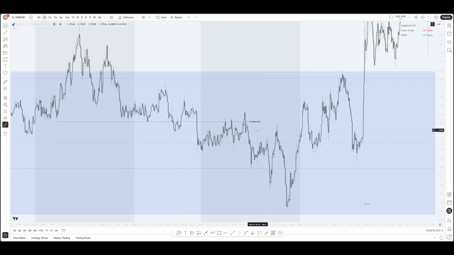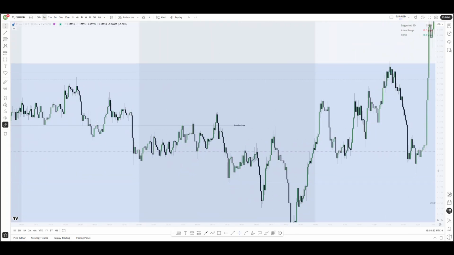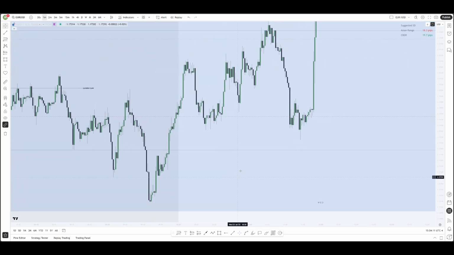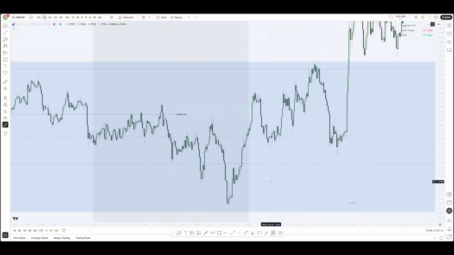So yes, this may seem like very nice shorts, but price is inside a 4-hour value gap, so you would expect price to get higher. And also we are on the buy side of the curve of a 4-hour time frame. So yes, these are very beautiful shorts, but I wouldn't trade them. I would wait for sell side to get taken.